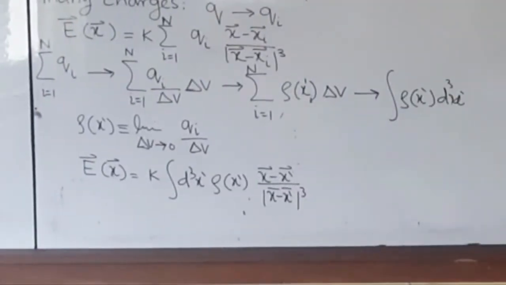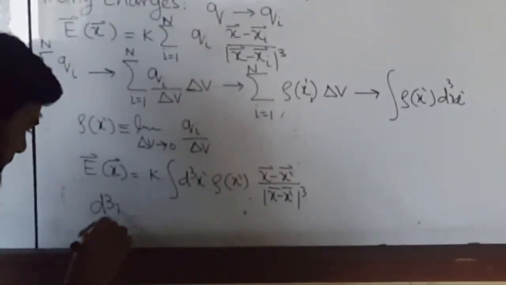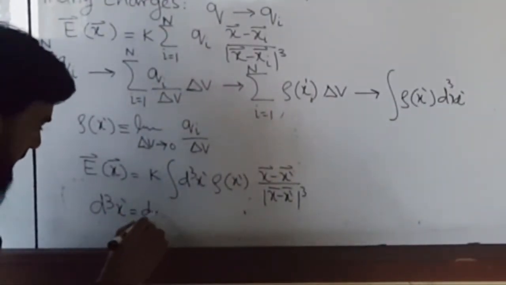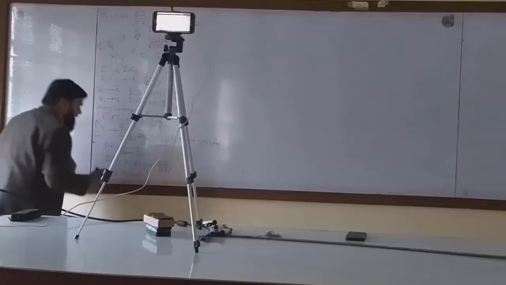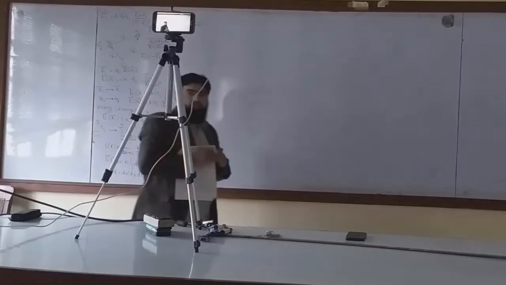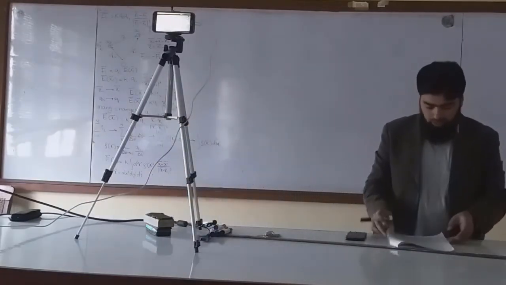Now this d cube x prime is actually dx prime dy prime dz prime, meaning the volume element.